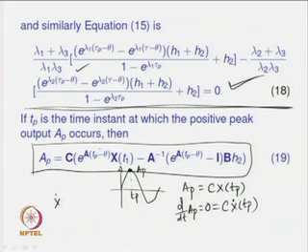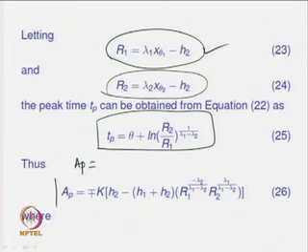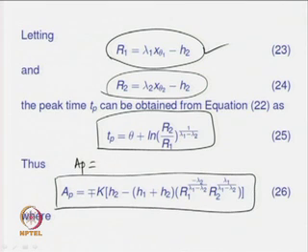So, when the expressions for Tp, C and A are substituted, we get the expression for the peak amplitude in the form Ap is equal to minus plus k times (H2 minus H1 plus H2 together) times R1 to the power minus lambda 2 upon lambda 1 minus lambda 2 times R2 to the power lambda 1 upon lambda 1 minus lambda 2. So, this is the correct exact expression one obtains for the peak amplitude of the sustained oscillatory output.